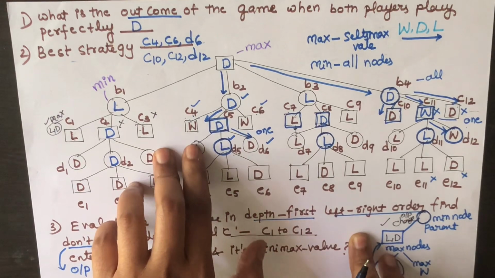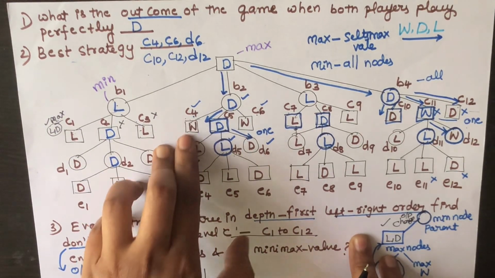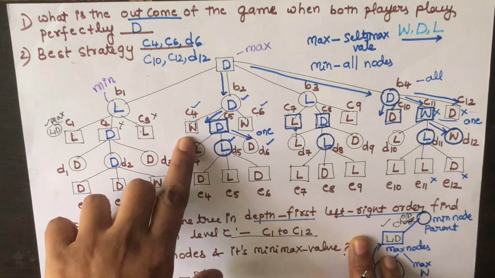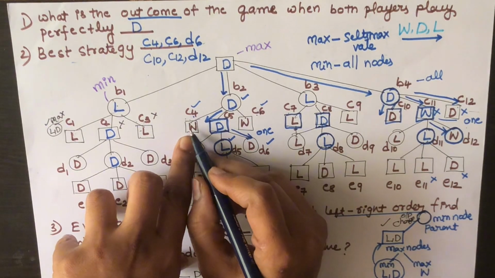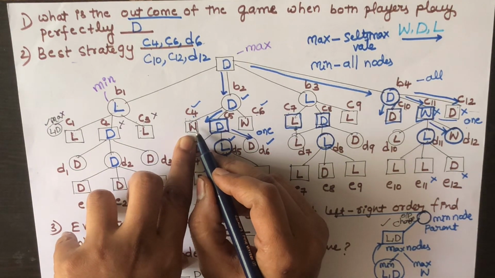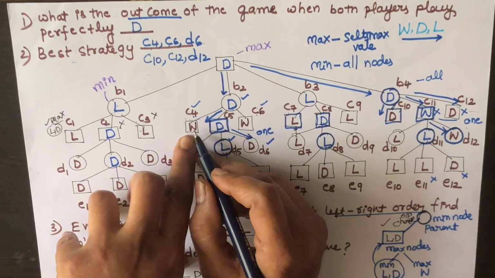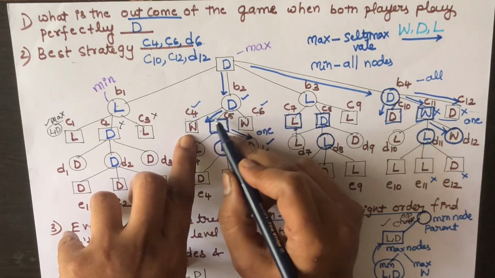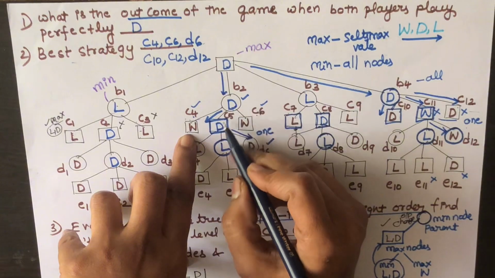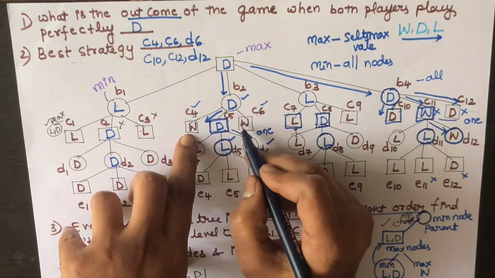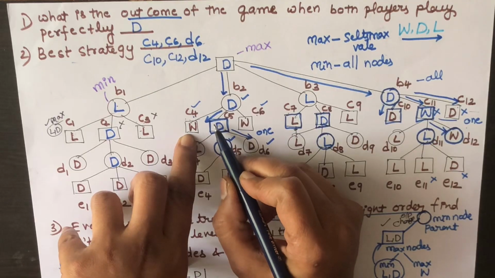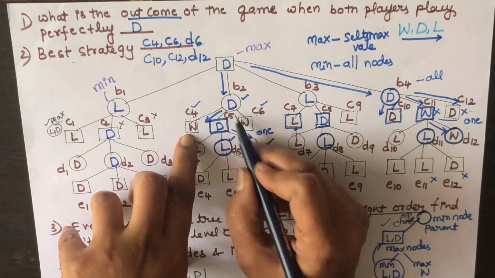When we come to C4, C4 is a max node and it has a maximum value. It can affect the minimum node output, and the next child nodes C5 and C6 can also affect the output.